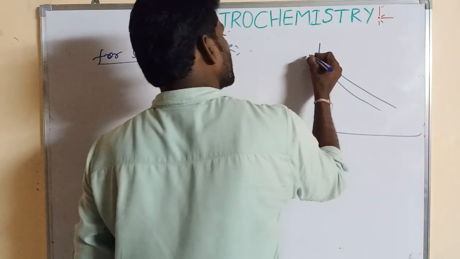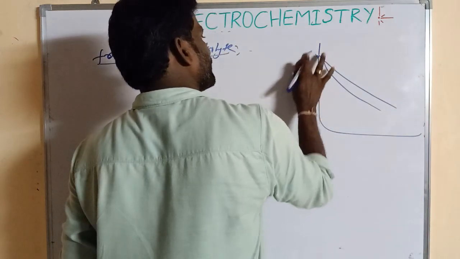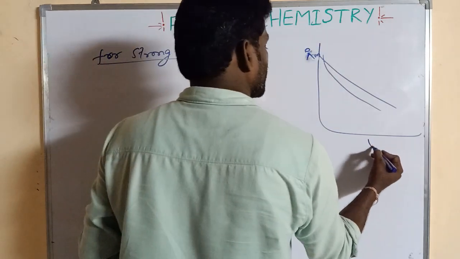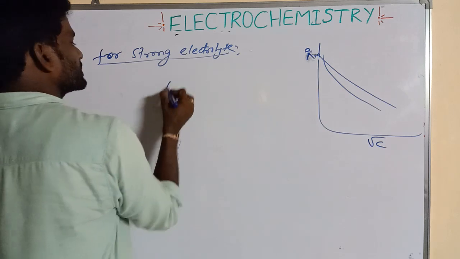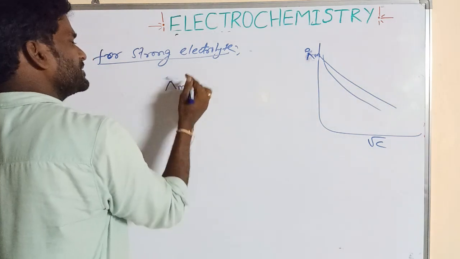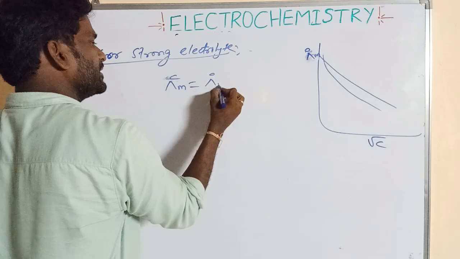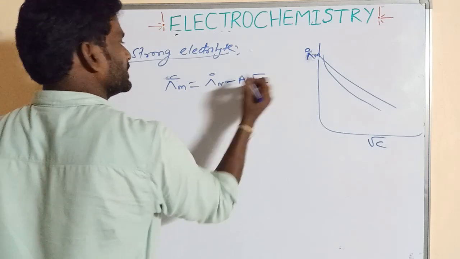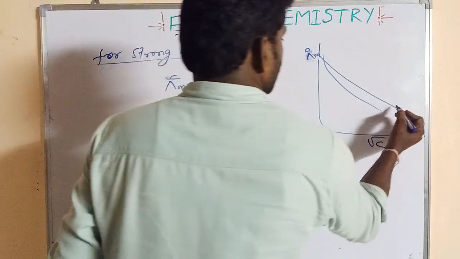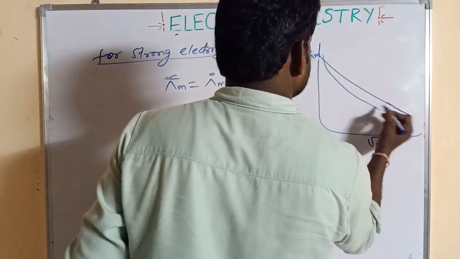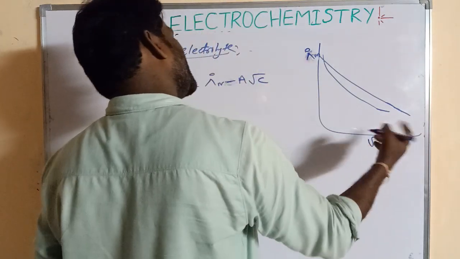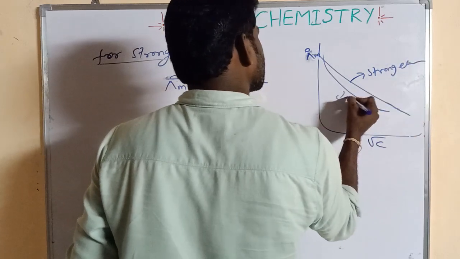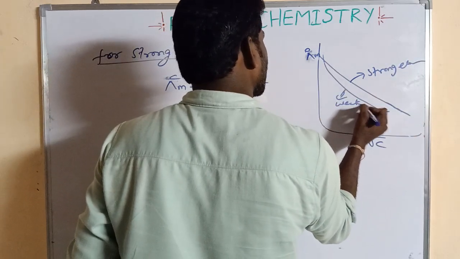What is the equation? Lambda m is equal to lambda naught m minus A root C, where A is a constant. So this is the straight line for a strong electrolyte, and this is a curve for a weak electrolyte.